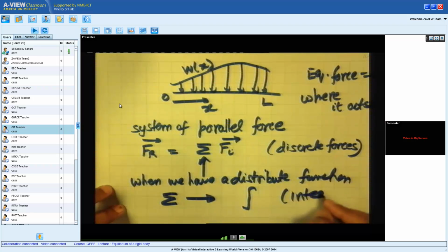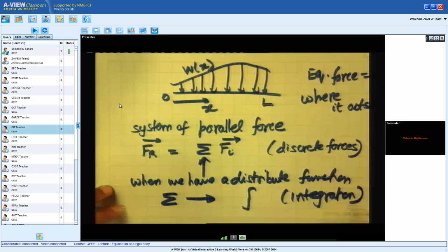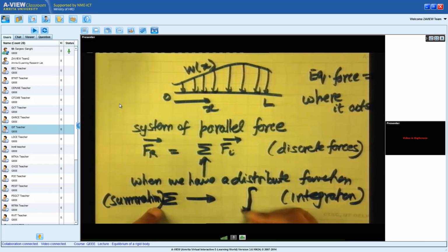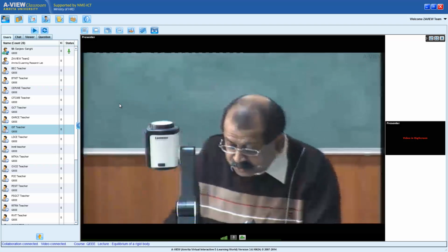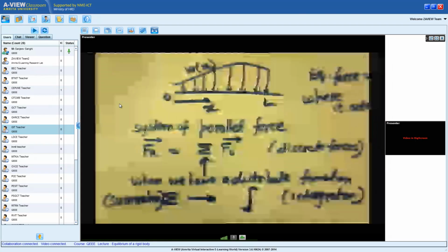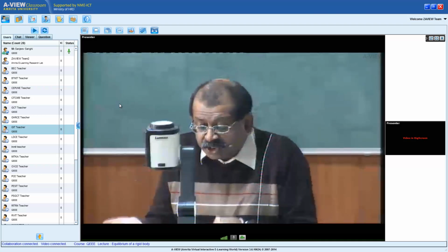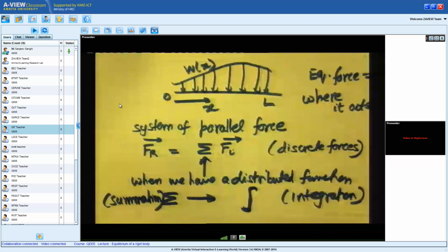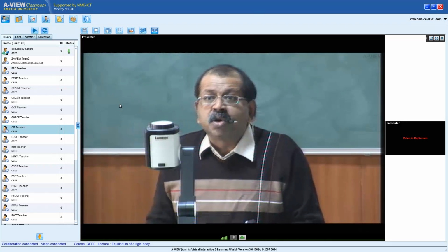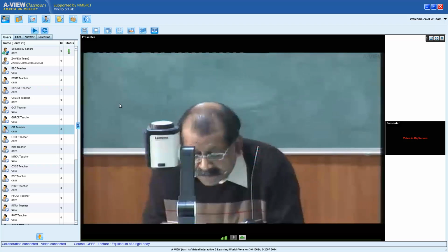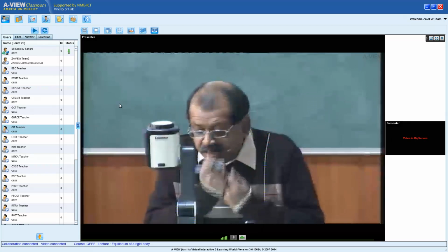So the summation in this case, because the force is continuous, is replaced by integration. That is the basic definition of an integral: a summation of a function gives us the integral. This happens in all cases where we have a distributed function, and not just in mechanics. In electrodynamics you have distributed charges on a body. Any other thing which we come across in engineering, this principle will be valid.